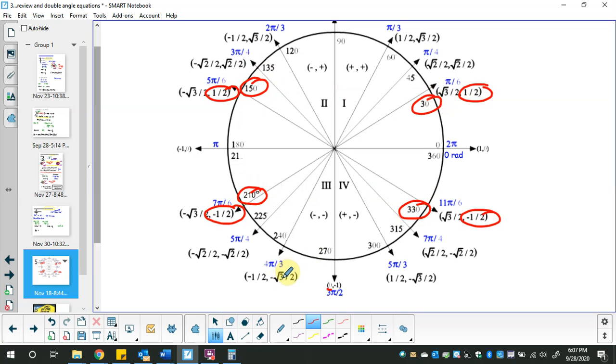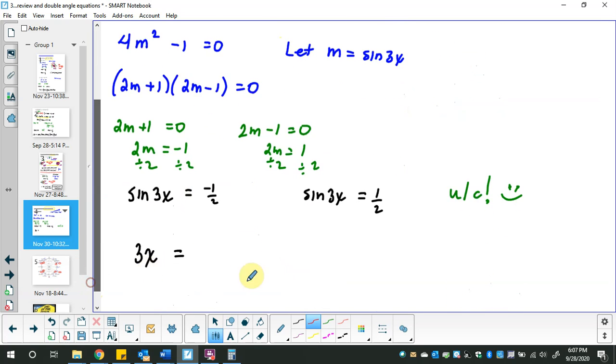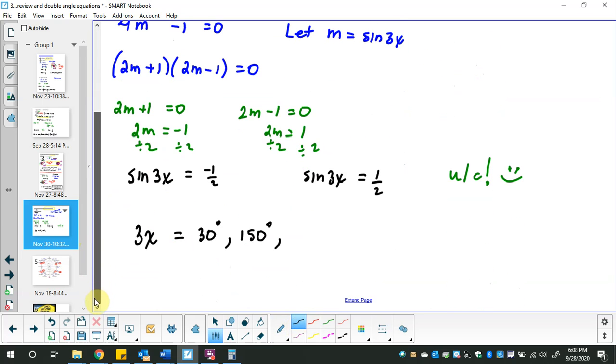So let's see if I can remember them or flop back and forth. So 30, 150, 210, 330.